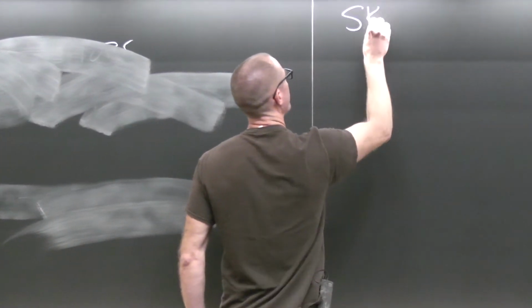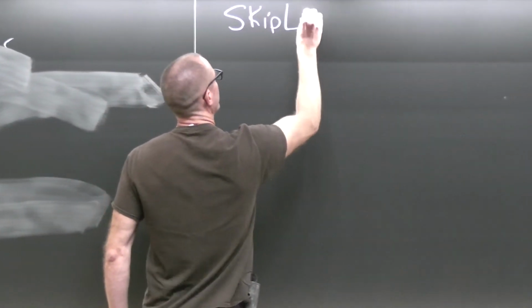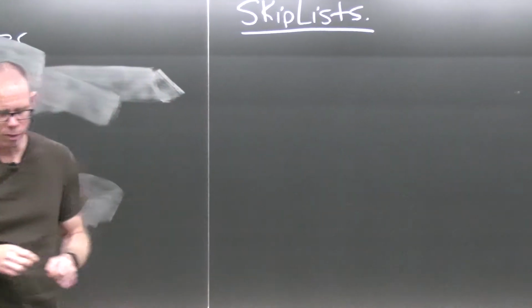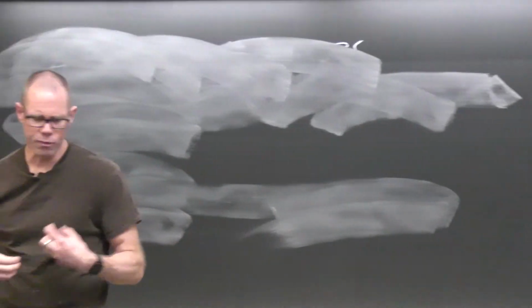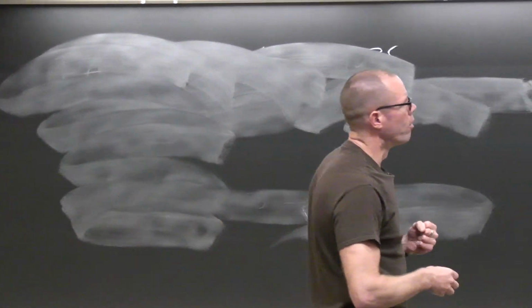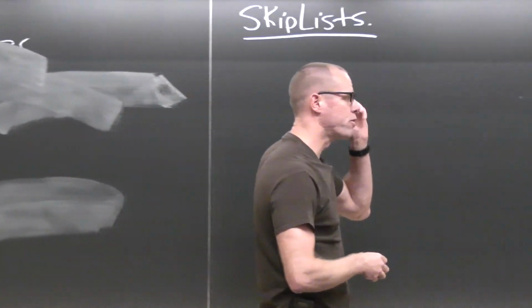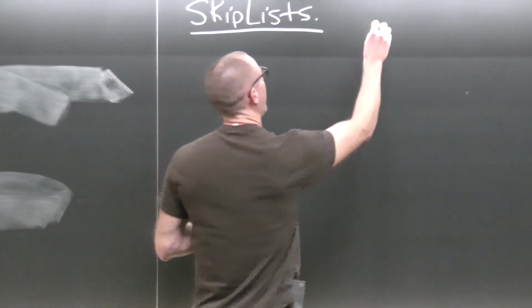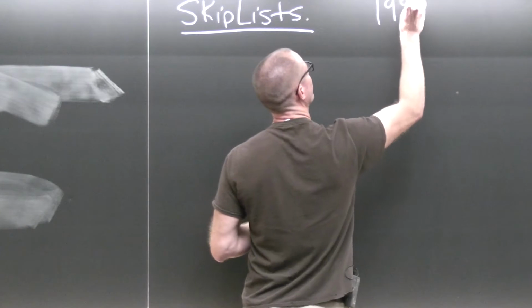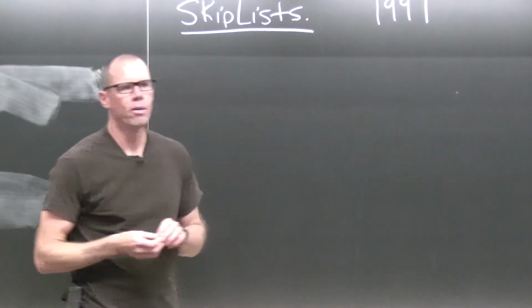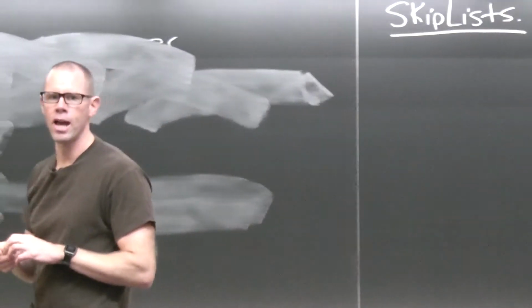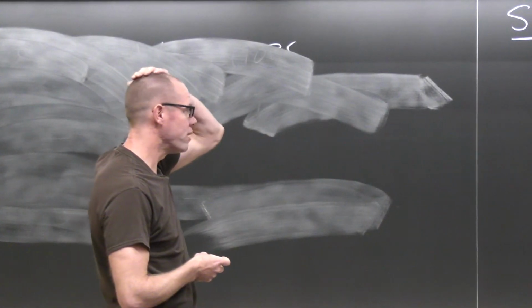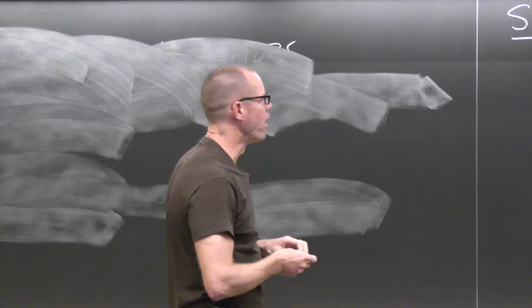So we're going to talk about something called skip lists. These are a beautiful data structure that, as far as basic fundamental data structures go, are fairly young. They go back to 1991.